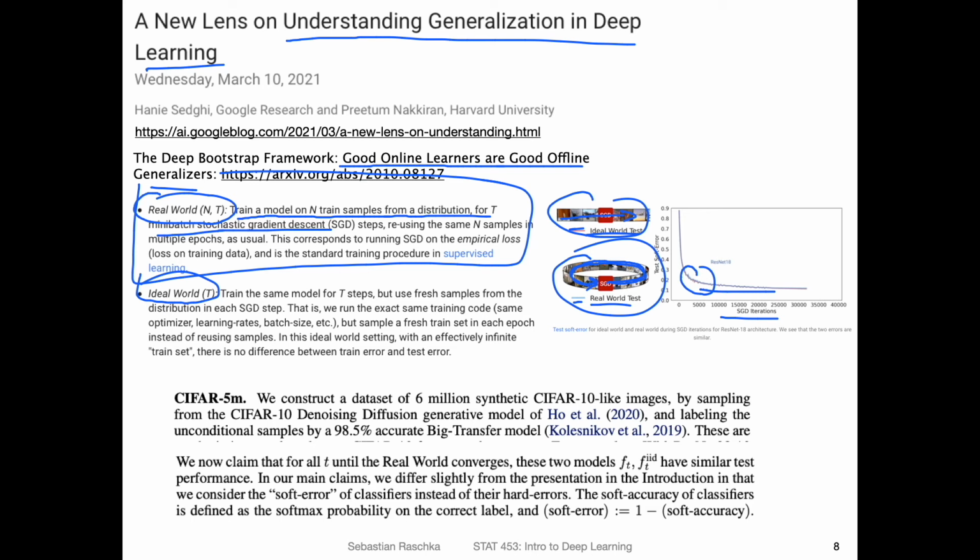There's one caveat though with that study, which is how they generated the new data for the ideal world scenario. Here they used a model to do that. They used a model that constructed 6 million synthetic CIFAR-10-like images by sampling from a certain generative model. And how did they then get the labels for that?